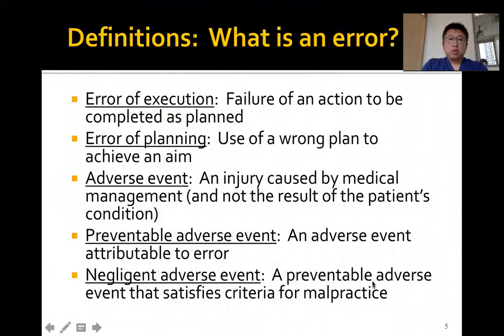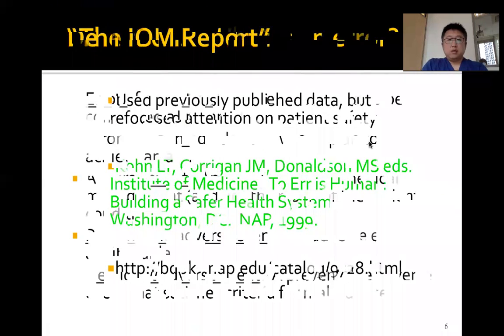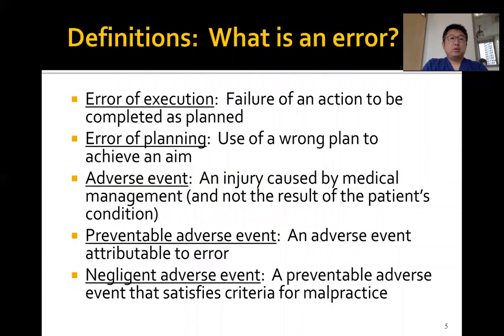Okay, so here is another important slide: what is an error. I'm not sure whether right now we talk about this in the class, but in the past, when we defined a human error or an error regarding the patient safety, we defined several different kinds of error.